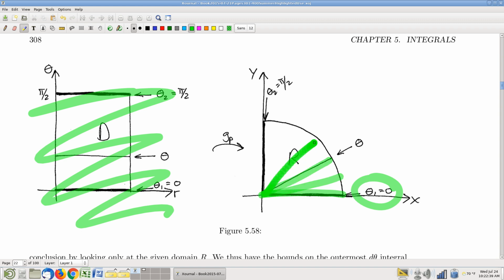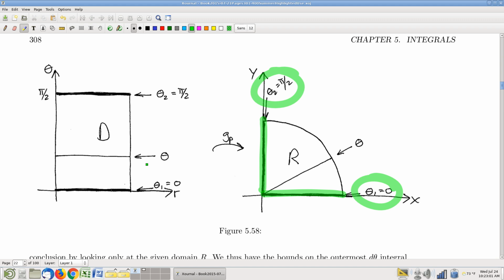Theta slices are these radial line segments emanating out of the origin. And I can see that theta ends at pi over 2. So the suggestion is just to see the bounds on the pullback polar integral in the xy plane by correctly understanding what theta slices look like. Theta slices look like this. And then you don't need to draw the pullback domain at all.